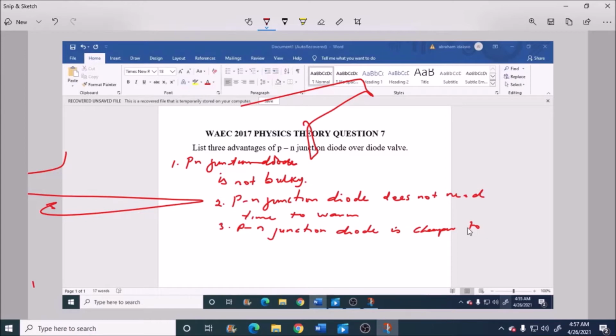And then lastly, number 4, the PN junction diode needs low voltage to operate.